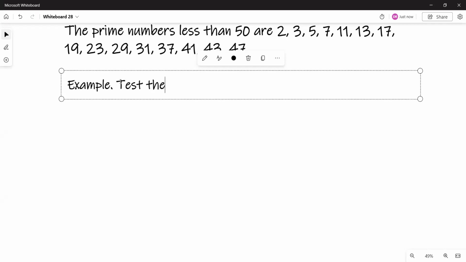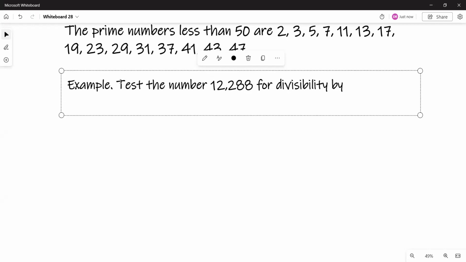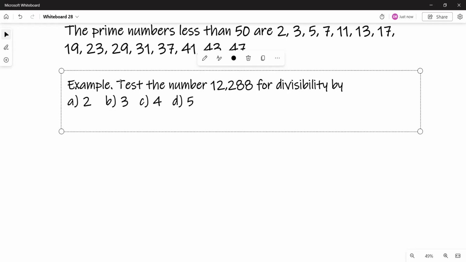Okay, we're going to test the number 12,288 for divisibility by each of these numbers: 2, 3, 4, 5, 6, 8, 9, and 10.